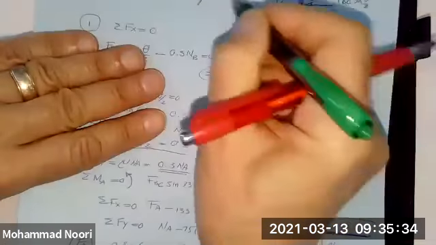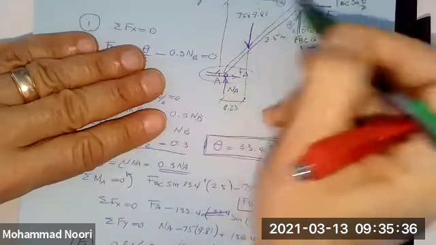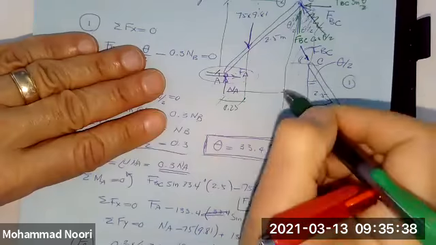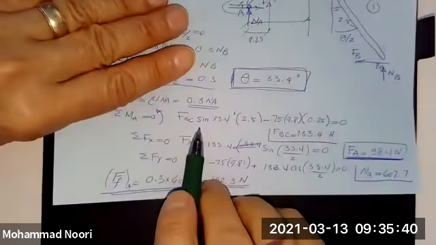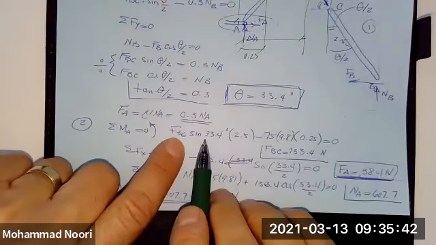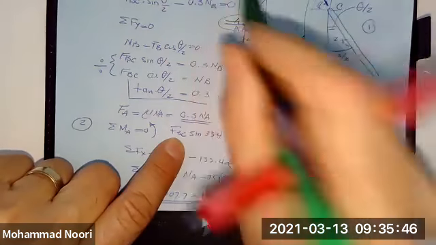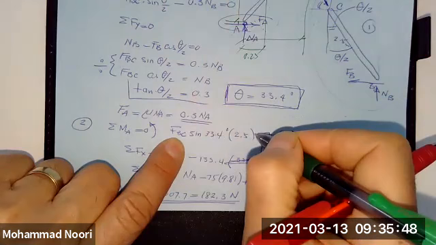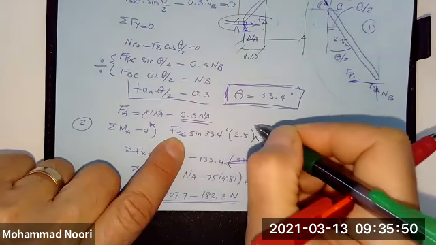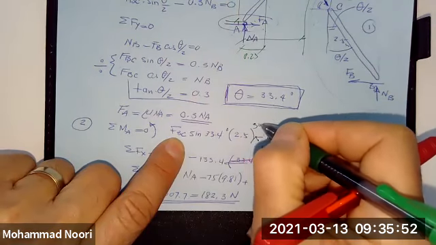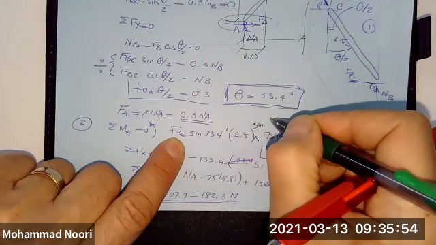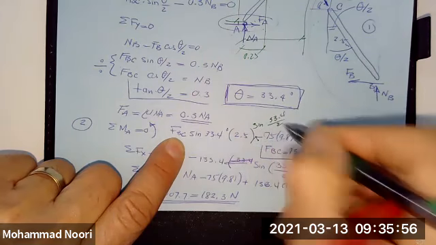So I need these distances for the moment. The correct moment equation is FBC sine times 2.5 times cosine of 33.4 divided by 2.